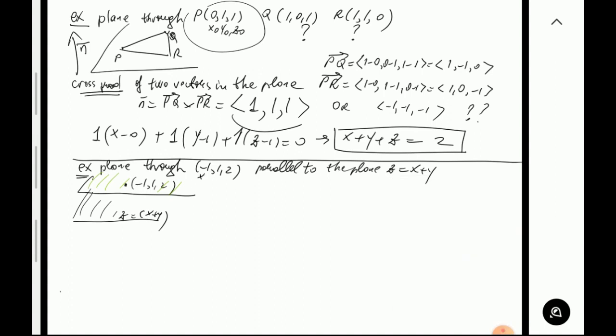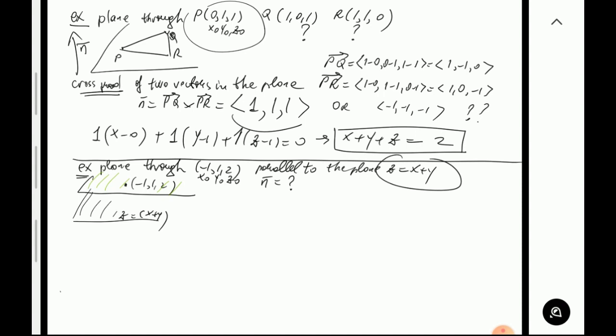Once again, the point to begin with is given, negative 1, 1, 2. We need the normal. Okay, how do we relate the normal with the given plane? Let's slow down for a moment because again, this emphasizes the meaning of these formulas.